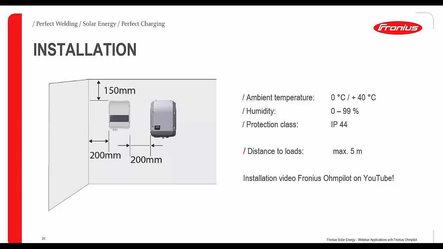That's the reason why. And if you're interested in installing one of these products soon, feel free to click on YouTube. We have an installation video there. You can tune in and watch this video for more detailed installation.